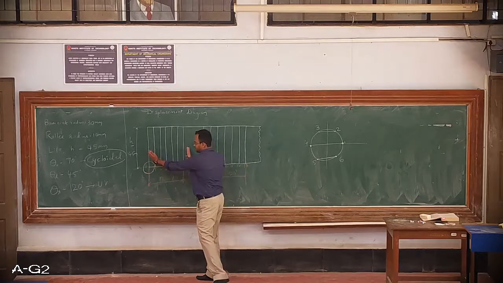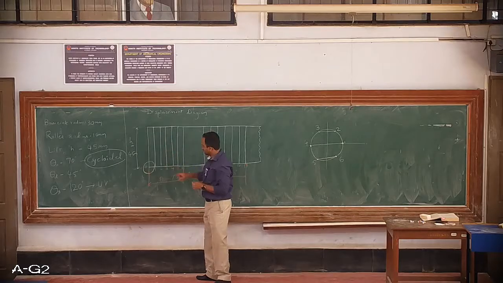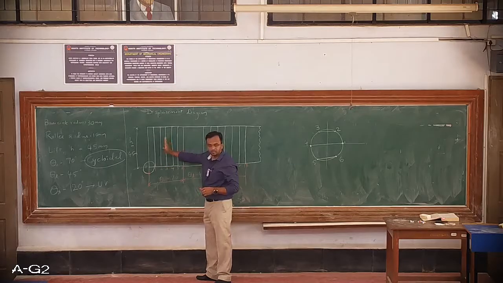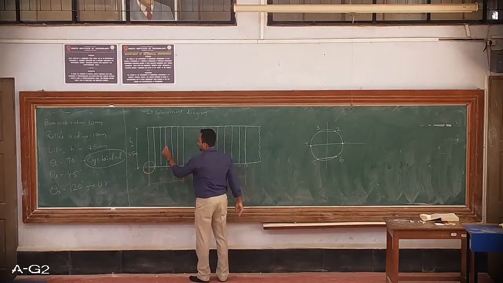So in this rise stroke, if I want to locate the middle line, that is nothing but line number 3. Line number 3 is the middle line in the rise stroke. So for this particular middle line, I'll further locate the midpoint of this.